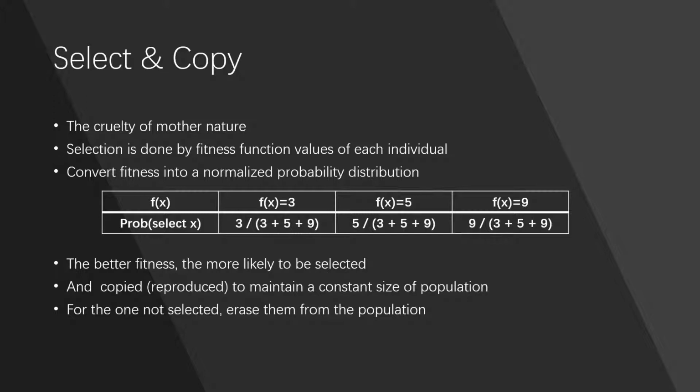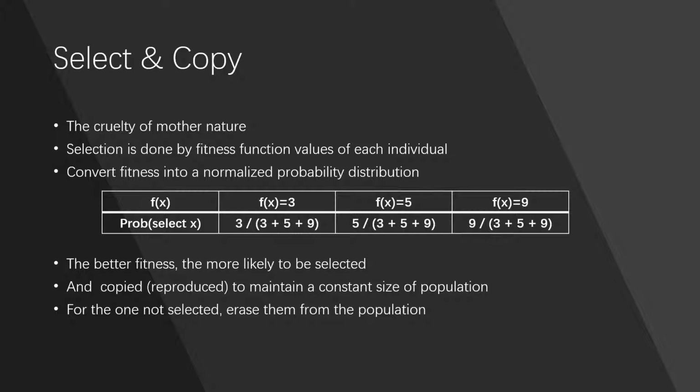to this distribution. For example, suppose that we have 3 individuals here, and they have the fitness values 3, 5, and 9 respectively. So they will have the corresponding probabilities that they will be selected and be copied into the next generation, and these probabilities are listed in the second row of this table.